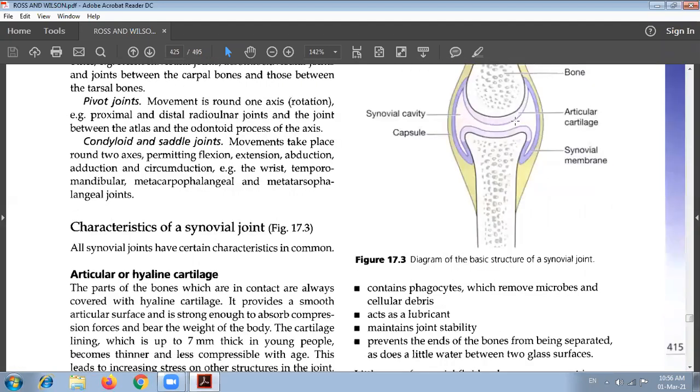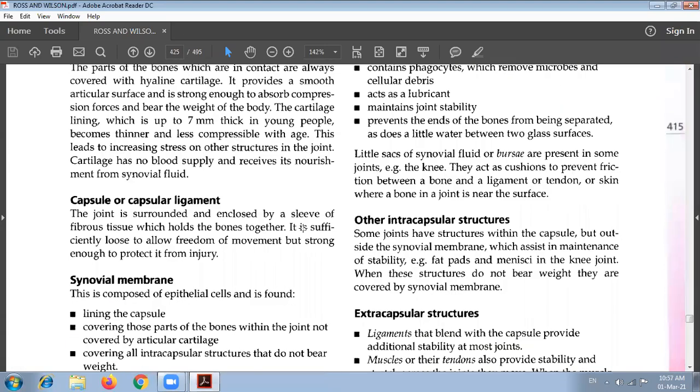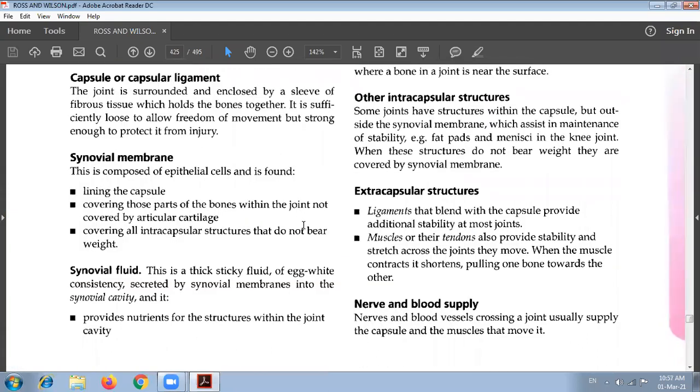This synovial fluid has an egg white color and is secreted by the synovial membrane cells into the synovial cavity, and it nourishes the fibrocartilage present on the surfaces of the bones. So it provides the nutrients for the structures within the joint cavity.